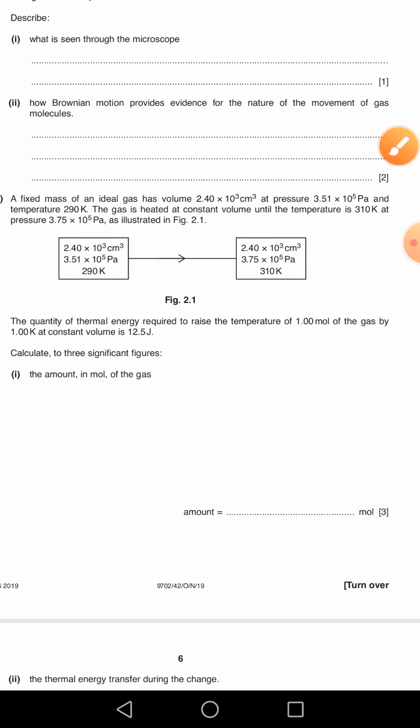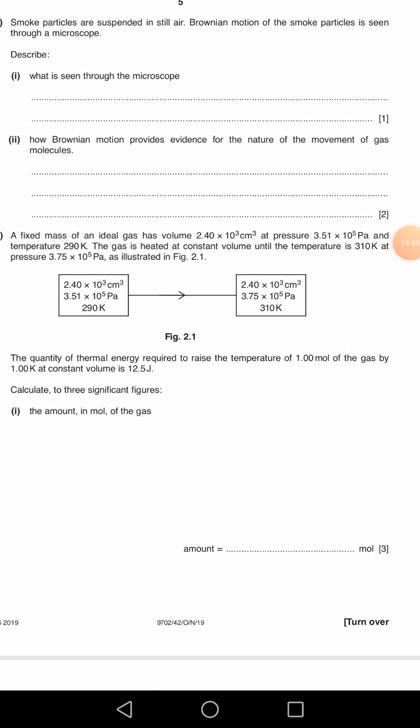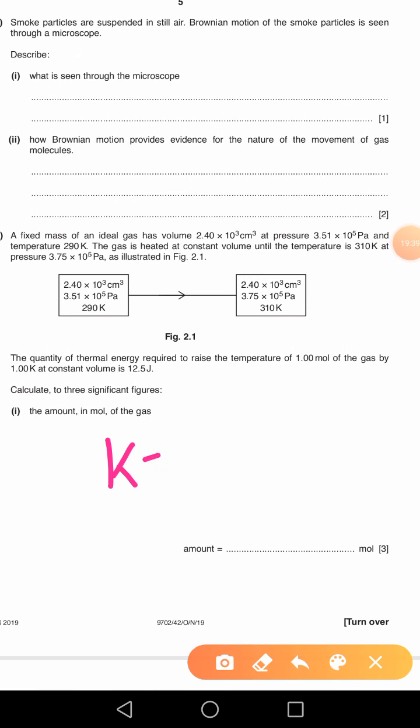The quantity of thermal energy required to raise the temperature of 1 mole of gas by 1 Kelvin at constant volume is 12.5 joule, okay. So what is the quantity?